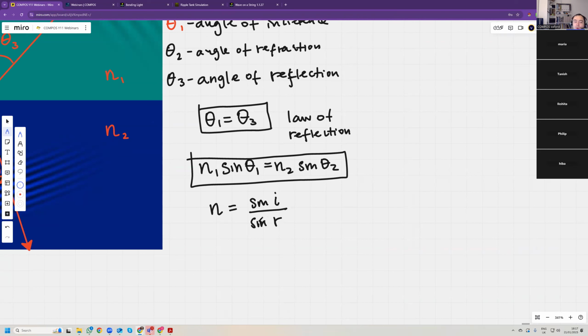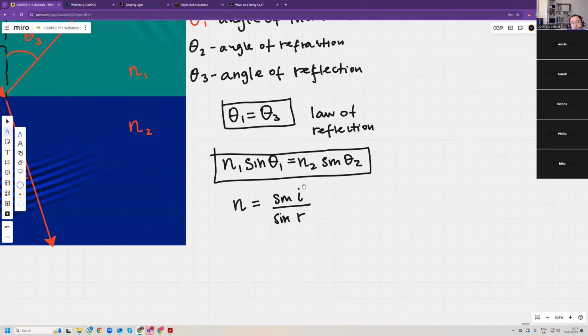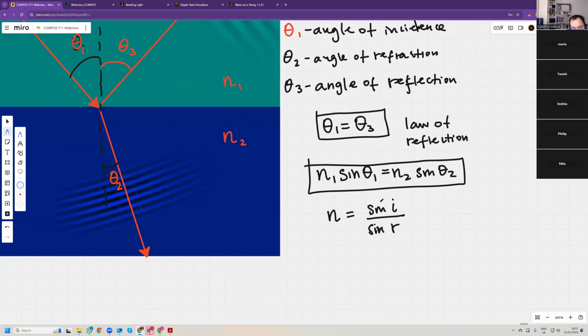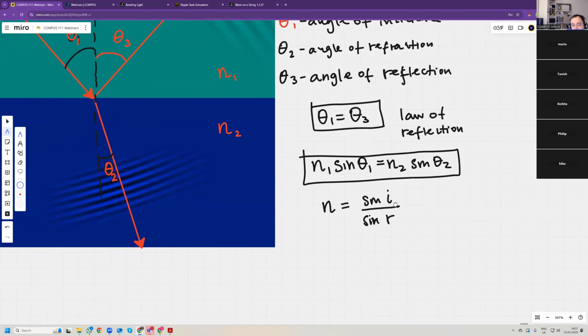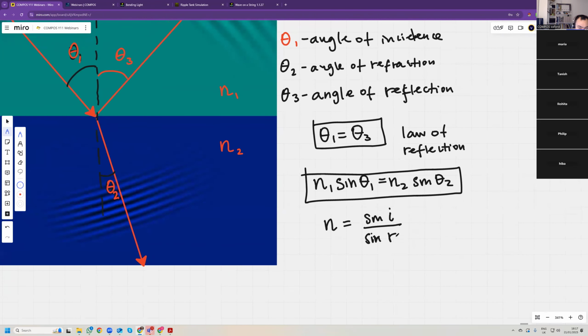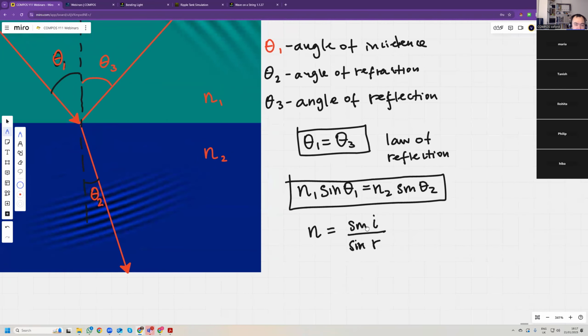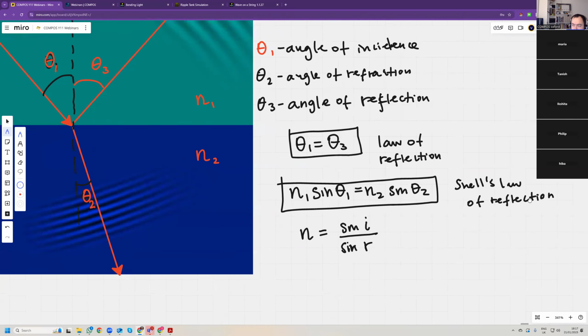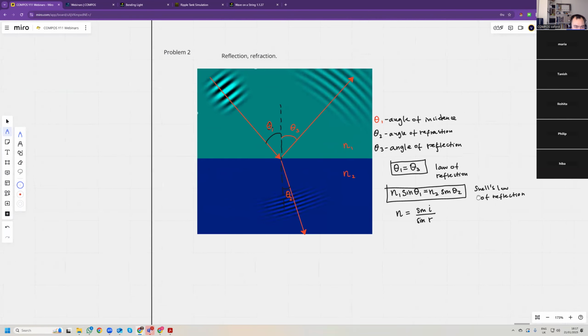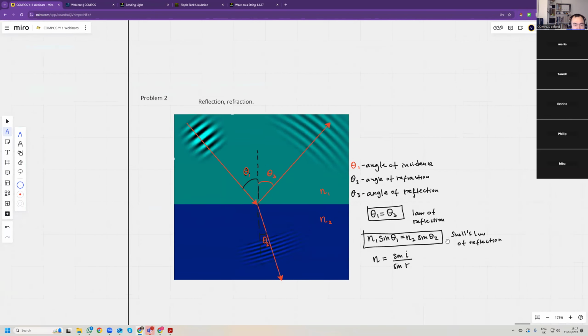This is not a very good formula because it's not always true, because sometimes if you are going from water to air, for example, it's sine R over sine I. So it's the other way around. Okay, but anyways, this is Snell's law of refraction. Hopefully that makes sense. You should know this, so this shouldn't be new to you.